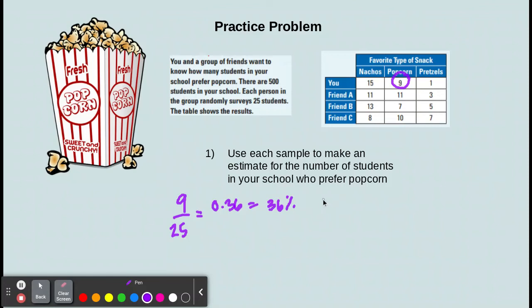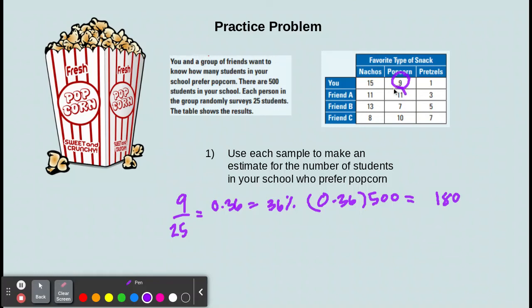So if you apply this 36% to the total number of your school, meaning you estimate that 36% of the entire school likes popcorn, that would tell you that 180 students in your school like popcorn.